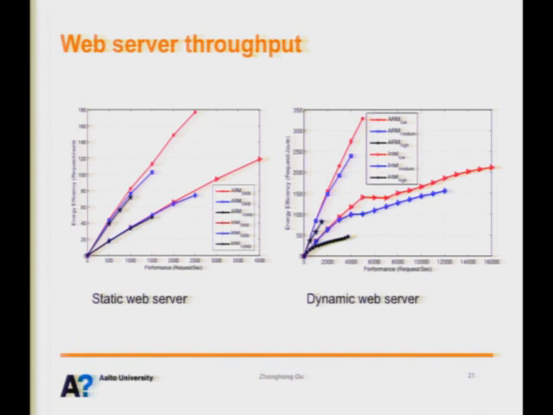So in terms of energy efficiency, the ARM processors are more energy efficient. It is around 1.6 times more energy efficient than the Intel servers. And for the same level of performance, you need more ARM processors to be comparable to the Intel processors. That's not surprising.